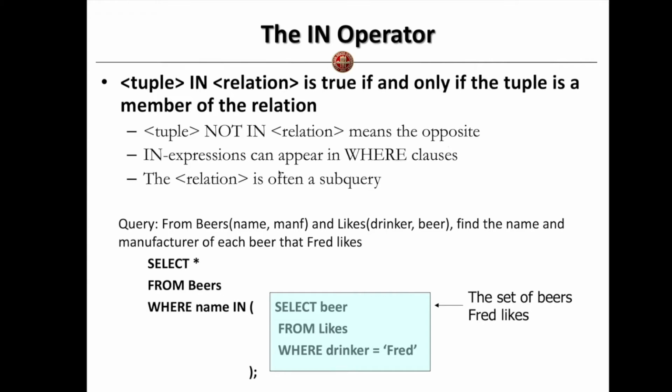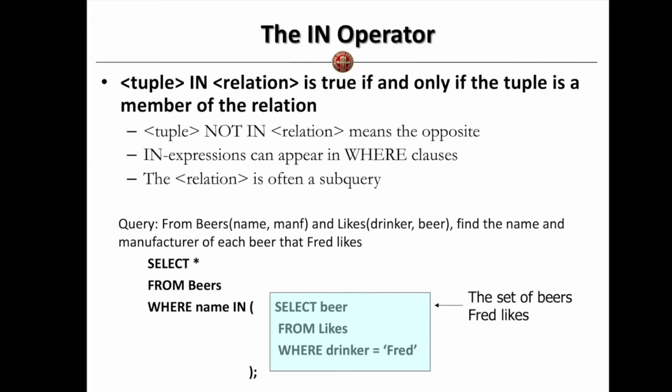And normally we use this IN expression in the where clause. And the relation normally can also be a subquery actually. At the bottom, we show you an example. So we have a question from a Beers table with name and manufacturer, and the next table Likes between the drinker and the beer. We want to find the name and the manufacturer of each beer that Fred likes. So before we show the answer, you can also write down a query by yourself if we want to use these two relations to do this question.